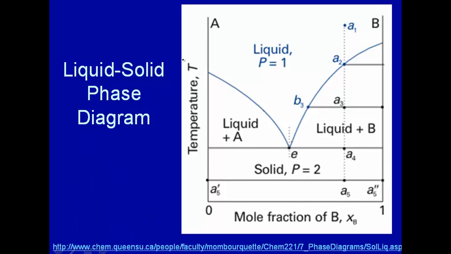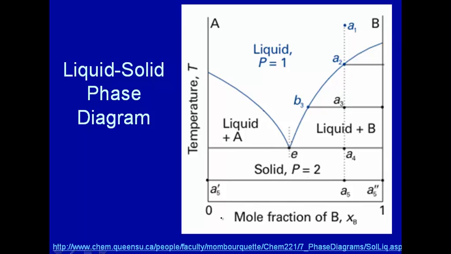All right, and let's look at high temperature. At high temperature, it's high enough so everything is a liquid. So in this region, we just have liquid A and liquid B. Now, let's start at that high temperature and start cooling things down. Still have a liquid, still have a liquid. When we reach this point, what's going to happen? Something's going to freeze out, because in this region you have liquid plus solid.